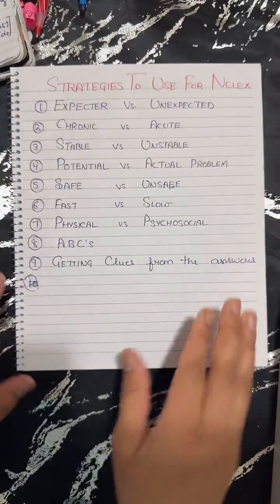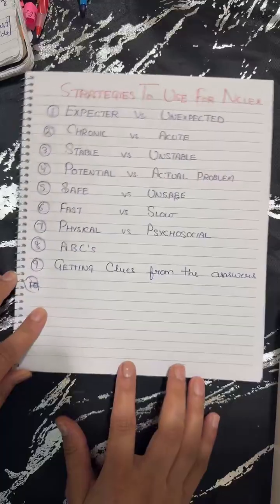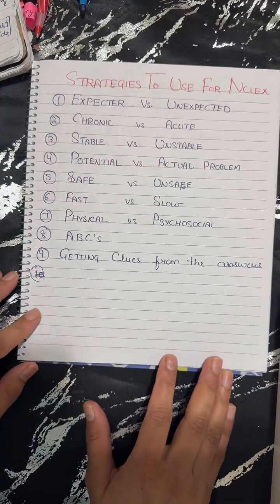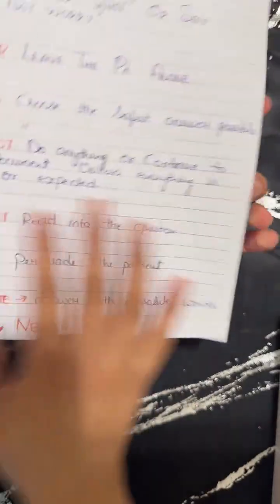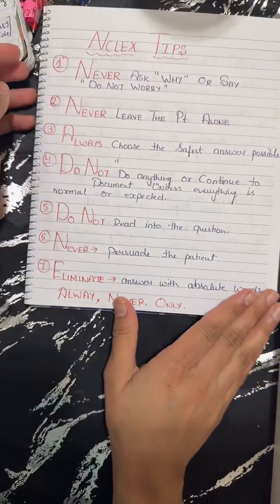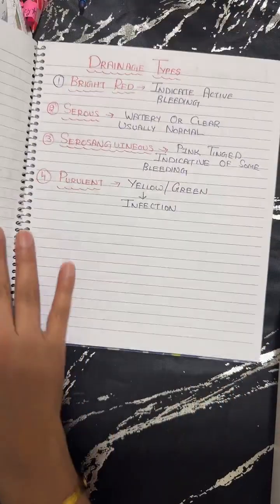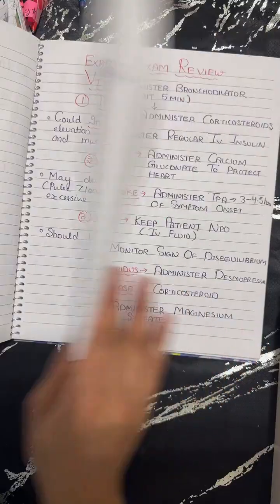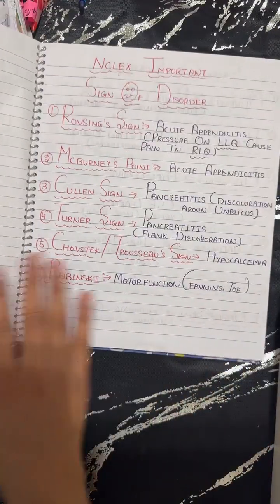Okay, so these I already just mentioned. Strategies to use for NCLEX: expected versus unexpected, chronic, acute, stable. Then next, drainage types. These are most important, so take a screenshot.